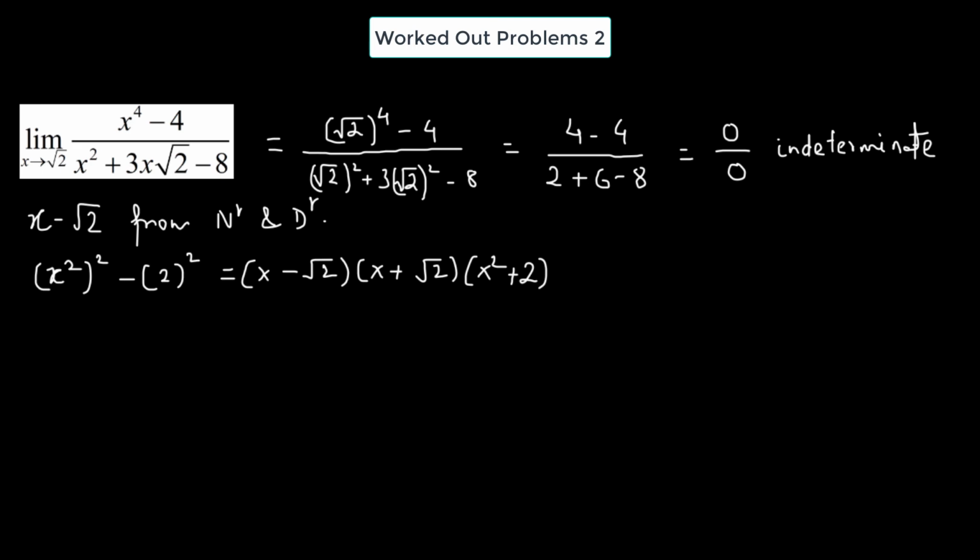Now we have to factorize the denominator. But here we see that we have an irrational number root 2 involved in the denominator, which was in the midterm. So we divide this quadratic polynomial by x minus root 2. We're going to do a synthetic division here. So we have x squared plus 3x root 2 minus 8.